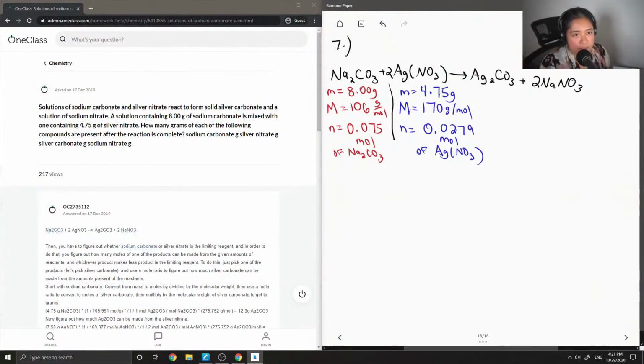So again, let's look at the molar ratios. We need 2 moles of the silver nitrate to react with 1 mole of the sodium carbonate. So already we can see that the silver nitrate is the limiting reagent.